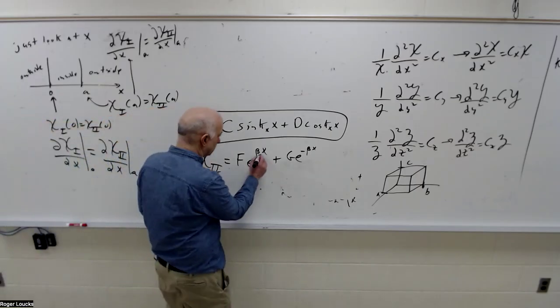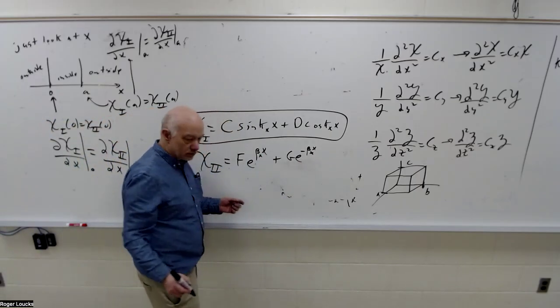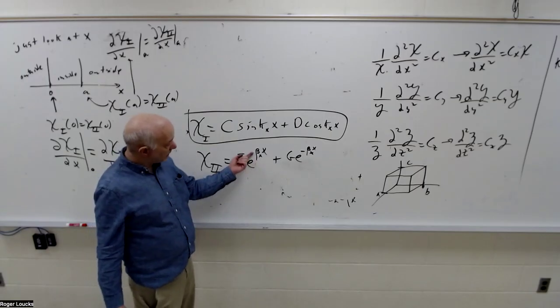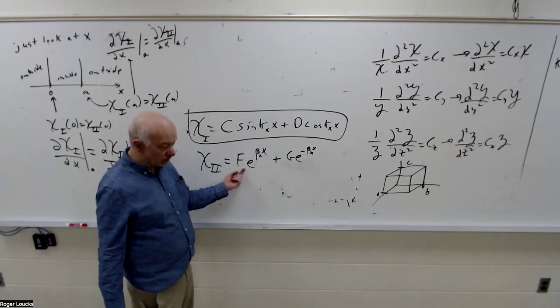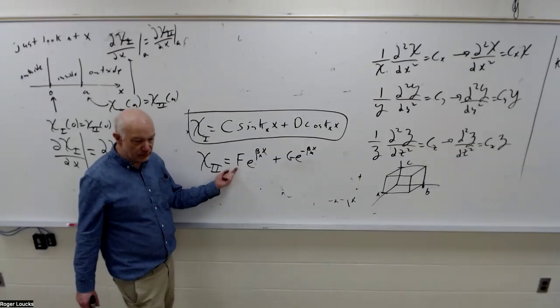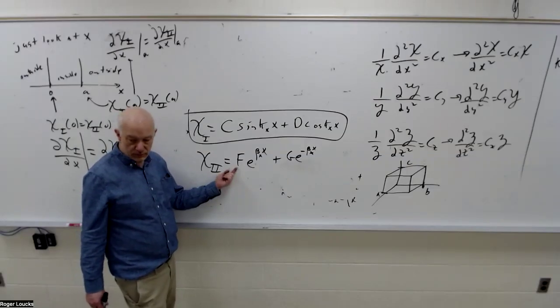I should have beta x. I'm sorry. When beta x is positive, so when x goes off to infinity, this term blows up. So what does that mean about the f? This f had to be 0.